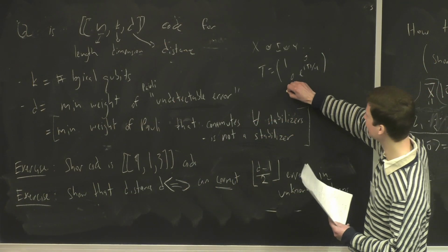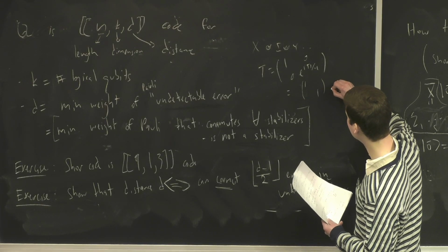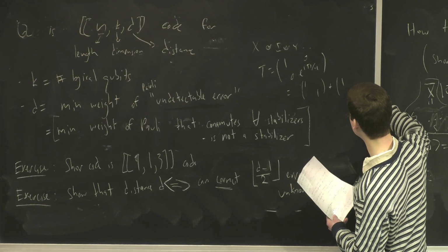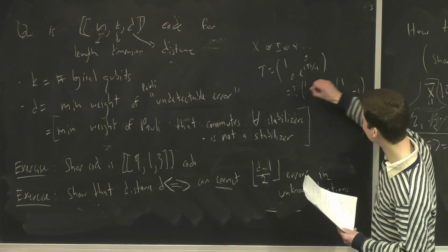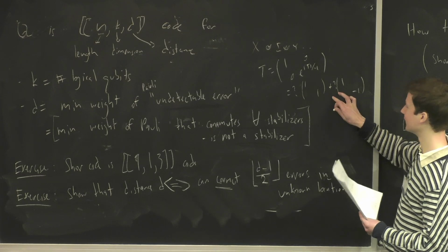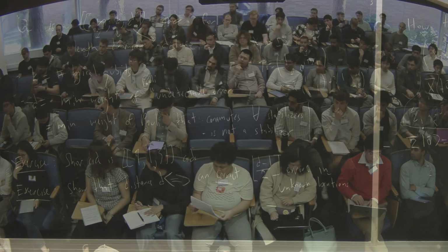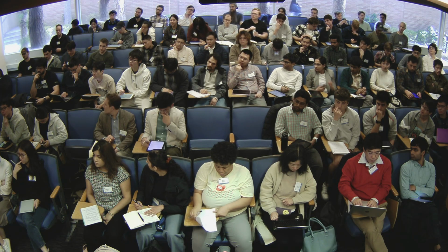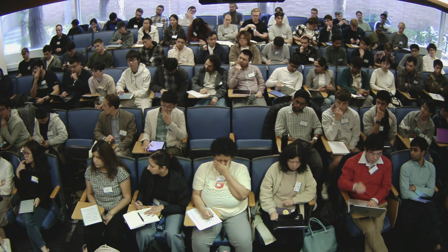And I claim that that's some coefficient times identity plus some coefficient times Z. But you don't really do linear combinations in the circuit, right? You just multiply one after the other. When you apply the gate, you really do multiplication rather than addition, right?